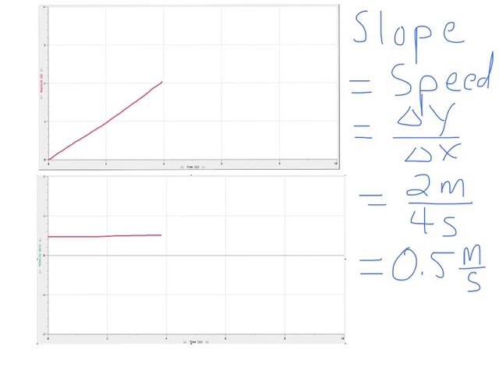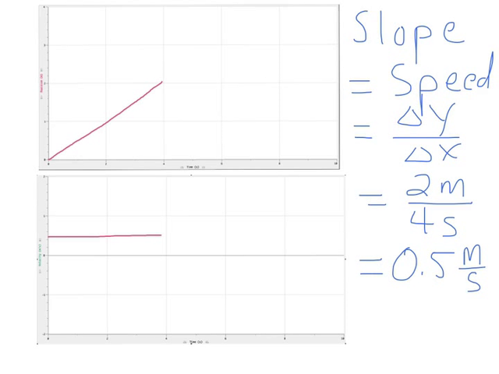So this graph and this graph are graphs of exactly the same motion. And we can also see that this graph is a graph of the slope of that graph, because velocity is the rate that the position is changing with time. Or as we saw before, the slope of this graph is speed, or velocity, and that's what we graphed.